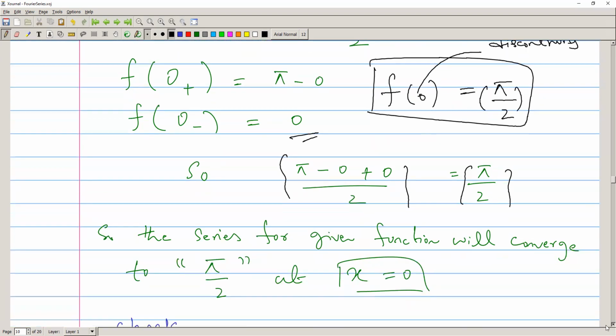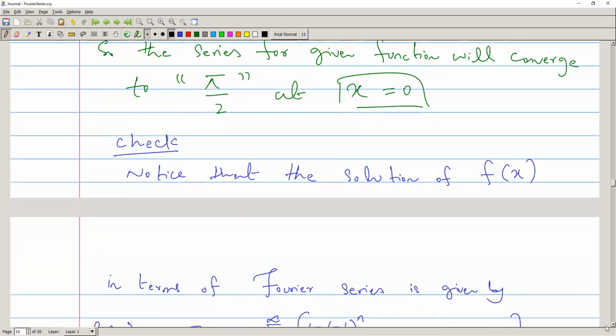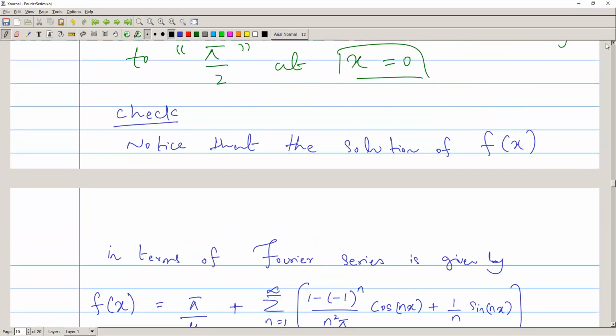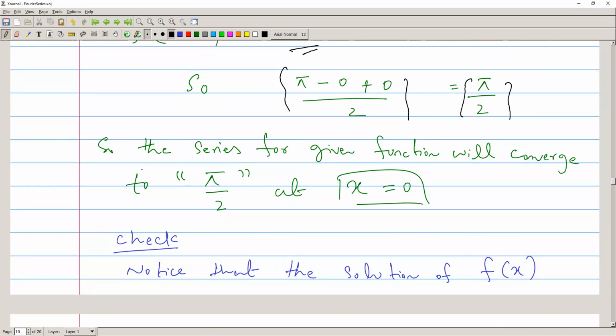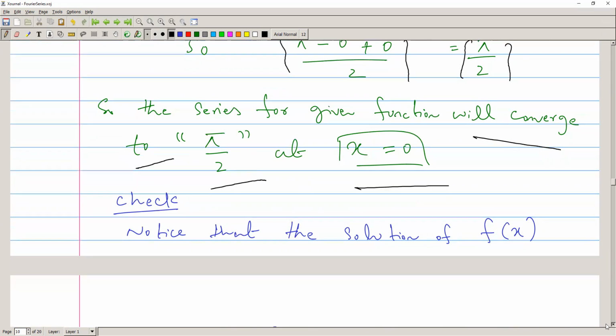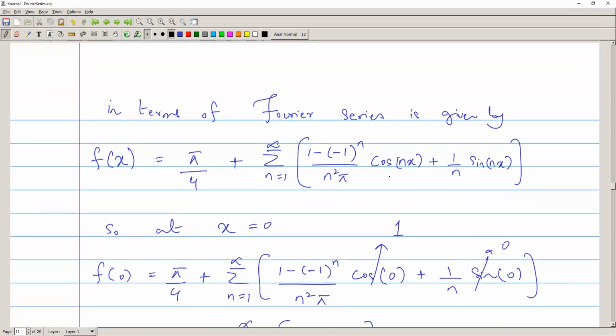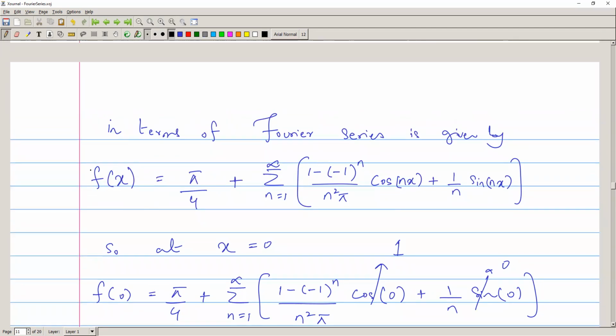Now let's check this. Here it's written that the series for a given function will converge to pi over 2 at x equals 0, right? So notice that the solution of f of x in terms of Fourier series, for that particular piecewise function, is this one. We will solve that function and get this answer.